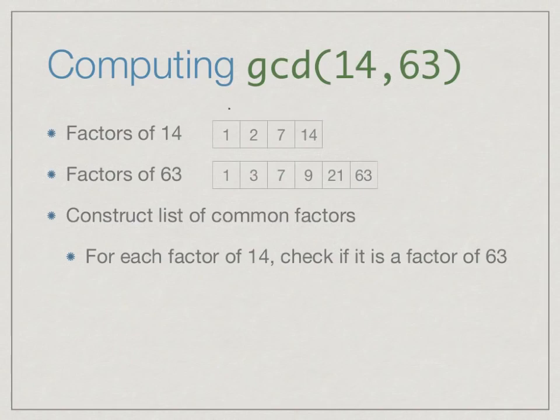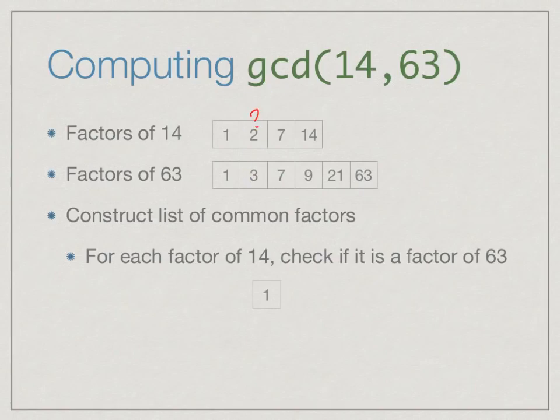We just go through one of the lists, say the list of factors of 14, and for each item in the list, we check if it is a factor of 63. So we start with 1 and we say, does 1 appear as a factor of 63? It does, so we add it to the list of common factors. Then we look at 2 and ask, does it appear? It does not appear, so we skip it.